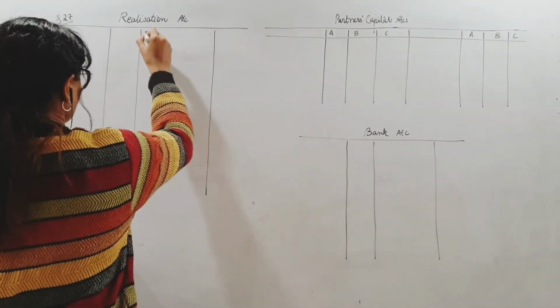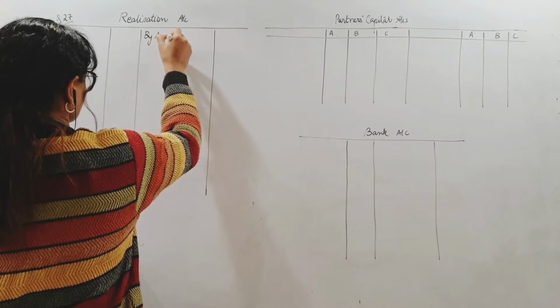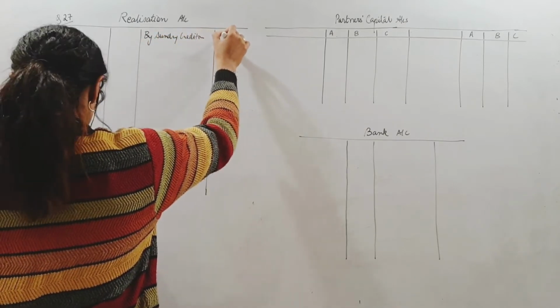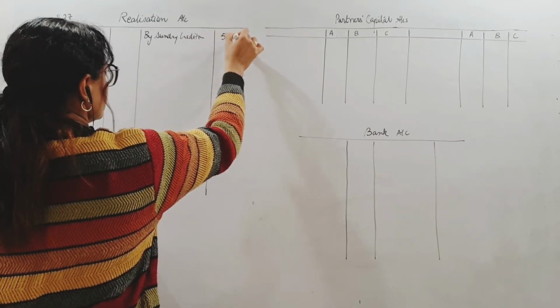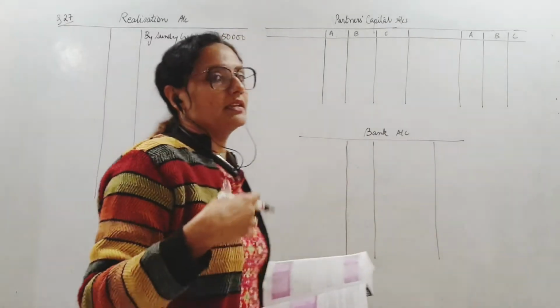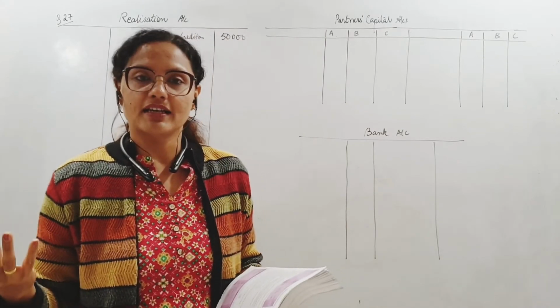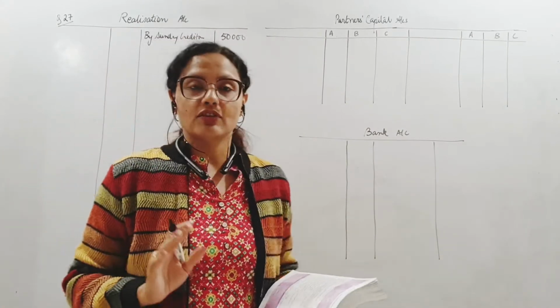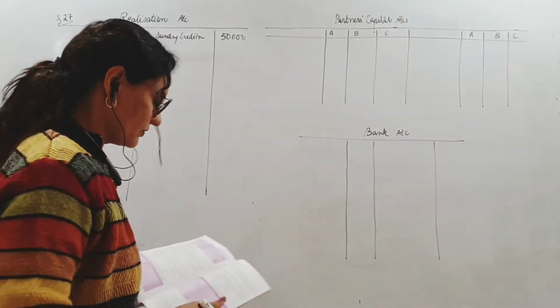I can see only sundry creditors here. I hope you remember that we transfer all the assets and liabilities that can be realized in cash, assets that can be realized in cash, and liabilities that you have to pay to outsiders. All those have to be transferred to realization account, closed.